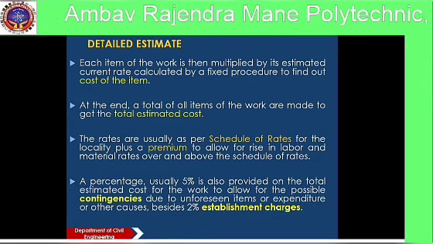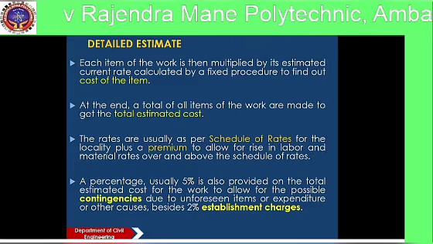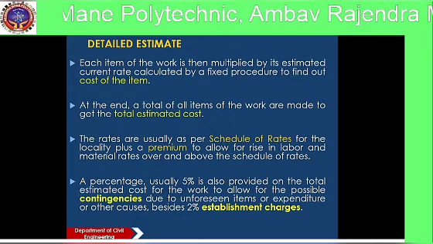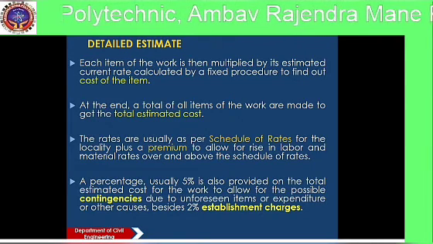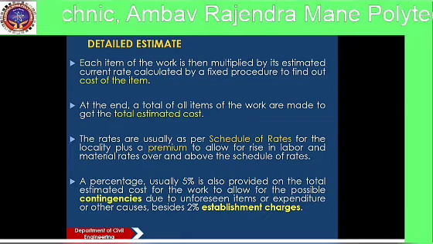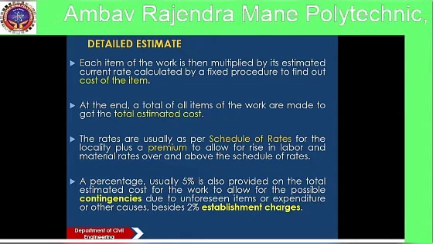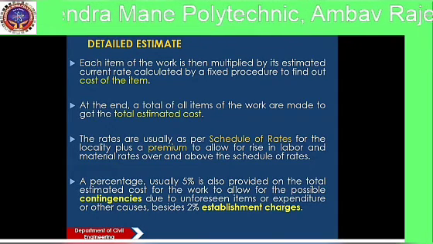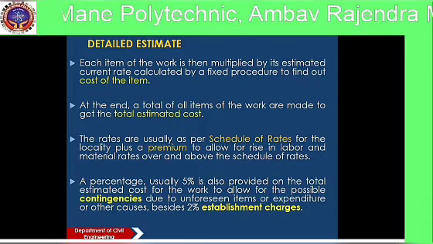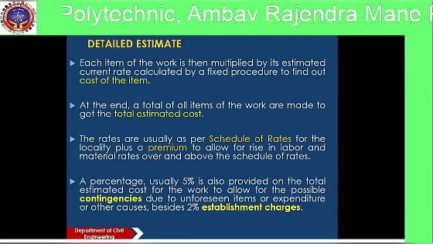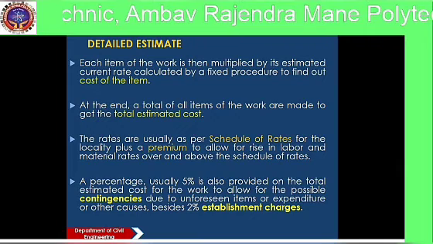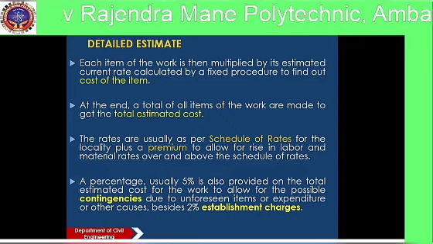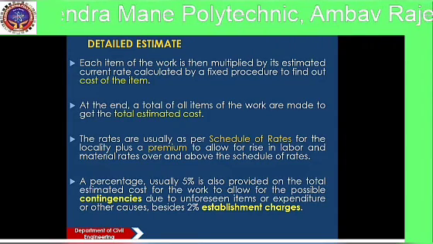The rates are usually as per the scheduled rates from the locality plus a premium to allow for rise in labor and material rates over and above the schedule of rates. A percentage, usually 5%, is also provided in the total estimated cost for the work to allow for possible contingencies due to unforeseen items or expenditure or other causes, besides 2% establishment charges.